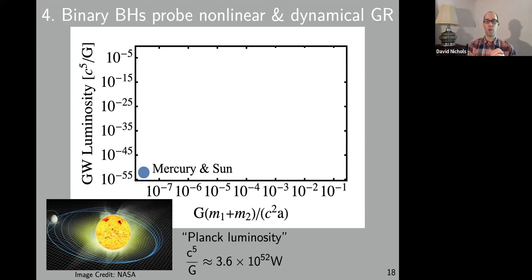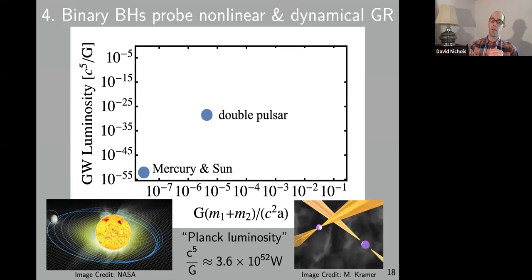Okay, so a system like Mercury and the Sun, or the perihelion precession of Mercury, is a quite weak gravitational wave emitter. It emits roughly about a watt of power in gravitational waves, weaker than your average desk lamp, say. So not surprisingly, no gravitational wave phenomena were ever detected from Mercury and the Sun. However, where gravitational waves were first detected was from these double pulsar systems, due to the slow decay of the orbit over decades. And these systems are much more luminous.